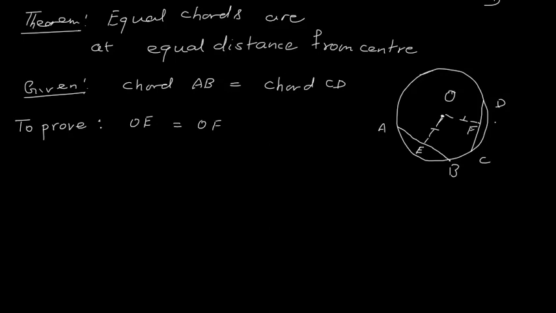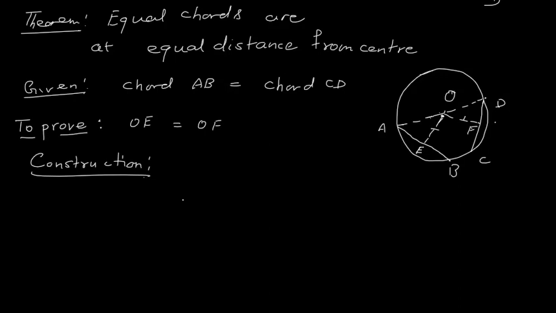Now to prove this, we first do a construction. What construction do we do? We join AO and then DO. Now when I draw a perpendicular from the center on the chord, it bisects the chord, that we already know.